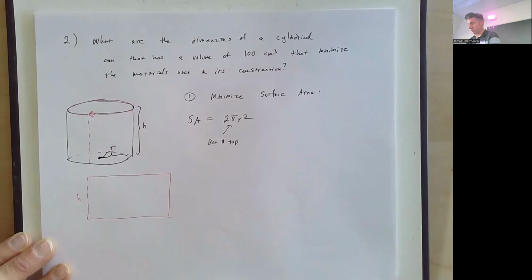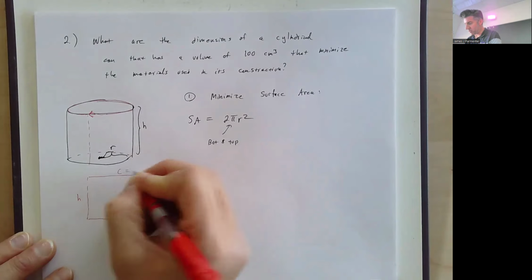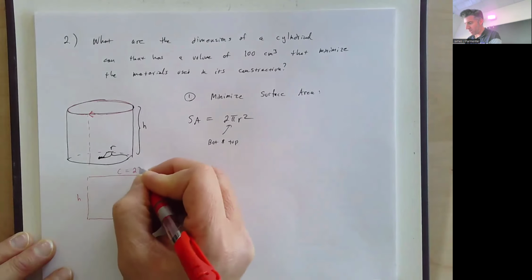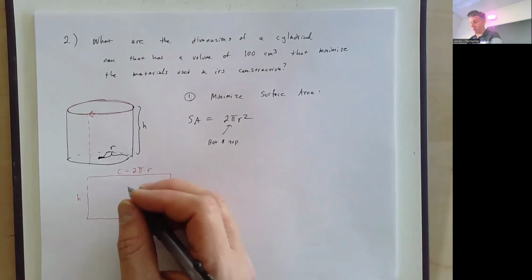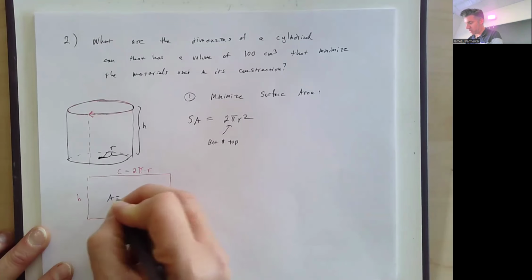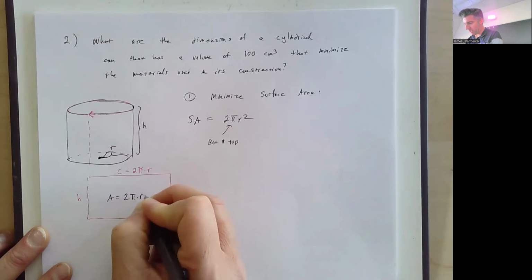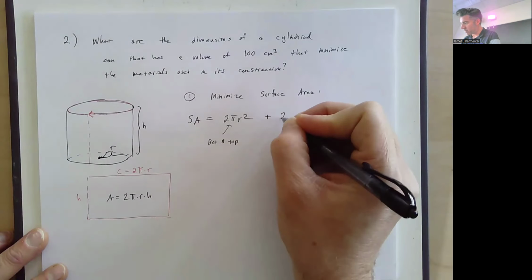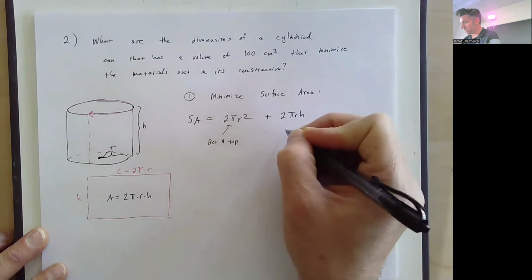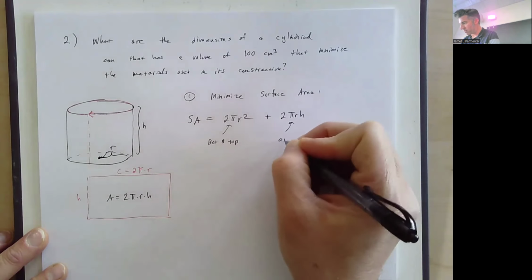The circumference of the circle. And the circumference of the circle is equal to 2 times pi times the radius of the circle. So the area of this rectangle that goes all the way around the cylinder is 2 times pi times the radius times the height. And that's what we're going to add up here. And this is essentially the around part.